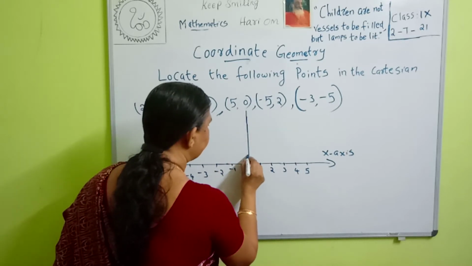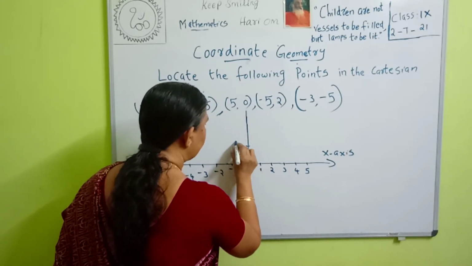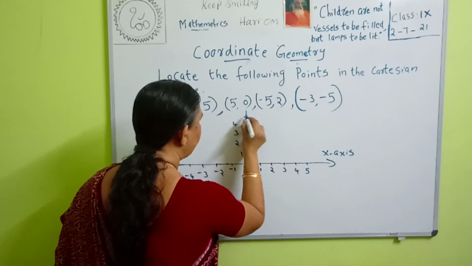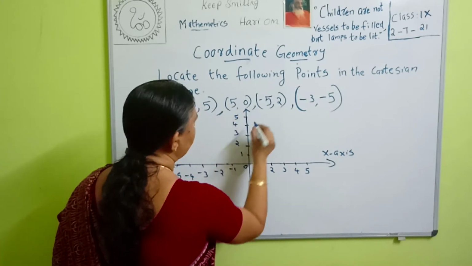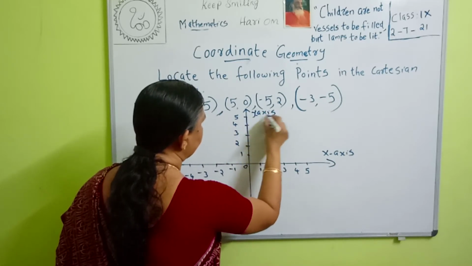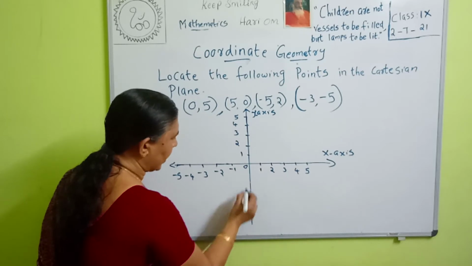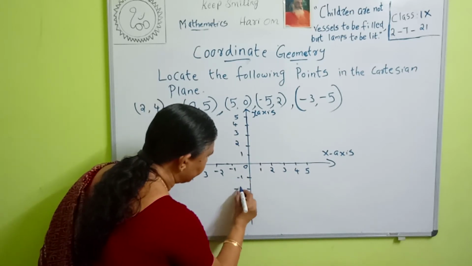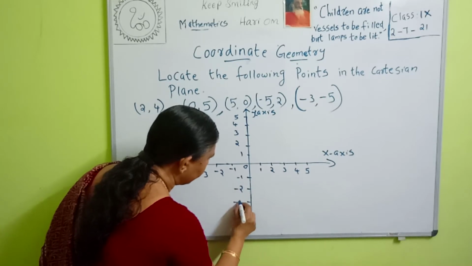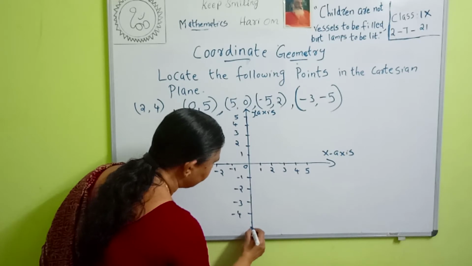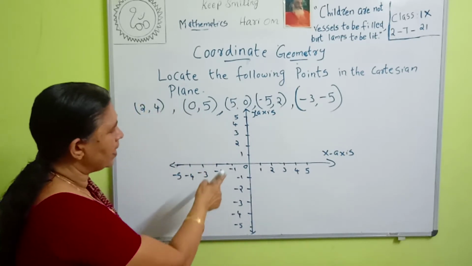So here we write 1, 2, 3, 4, 5, etc. This is the y-axis. Then below we write -1, -2, -3, -4, -5, etc.